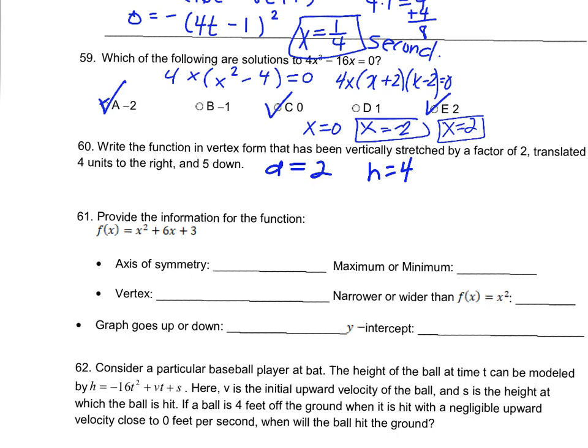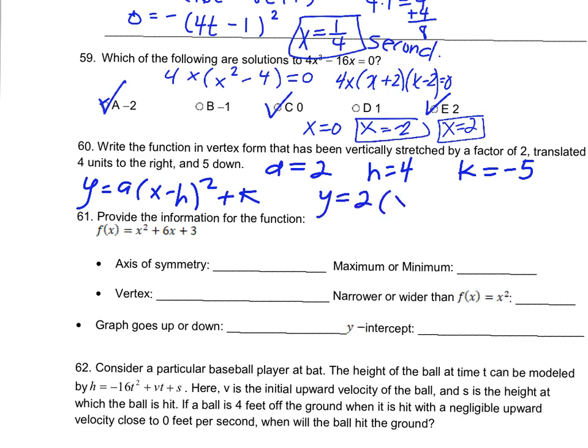And for the K, it was moved down 5, so that's a negative 5. Now the equation goes y equals a, and then x minus h, there's that negative, that changes the sign, and plus k, and since that's a plus, that means I don't change the sign. So my equation is y equals 2 times x minus 4 squared plus negative 5.